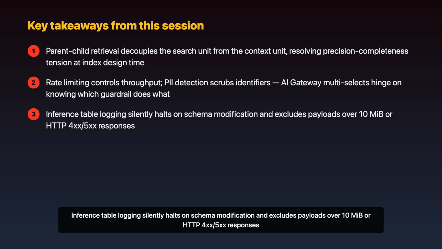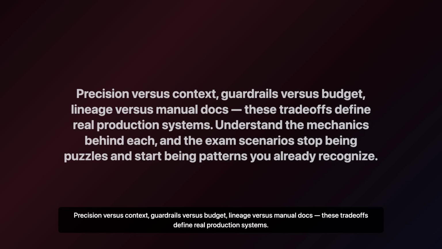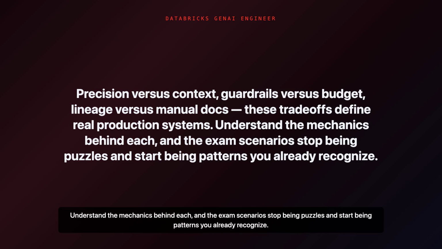Third, inference table logging silently halts on schema modification and excludes payloads over 10 MB or HTTP 4xx/5xx responses. Precision versus context, guardrails versus budget, lineage versus manual docs. These trade-offs define real production systems. Understand the mechanics behind each, and the exam scenarios stop being puzzles and start being patterns you already recognize.